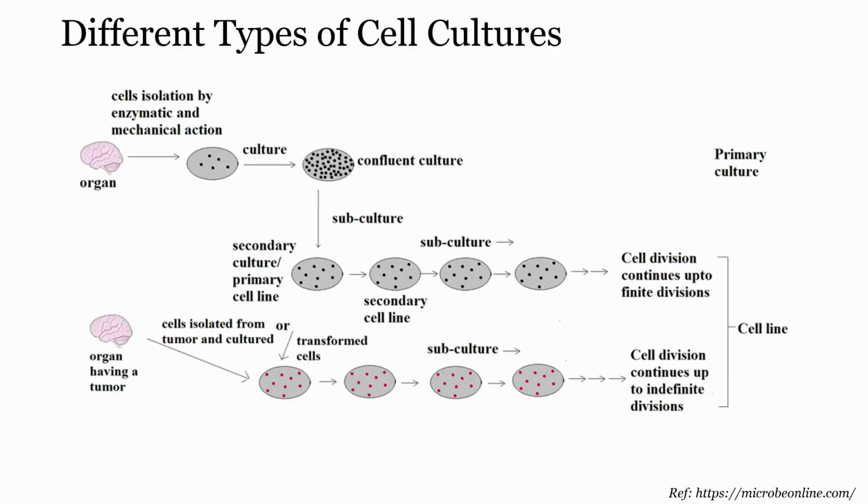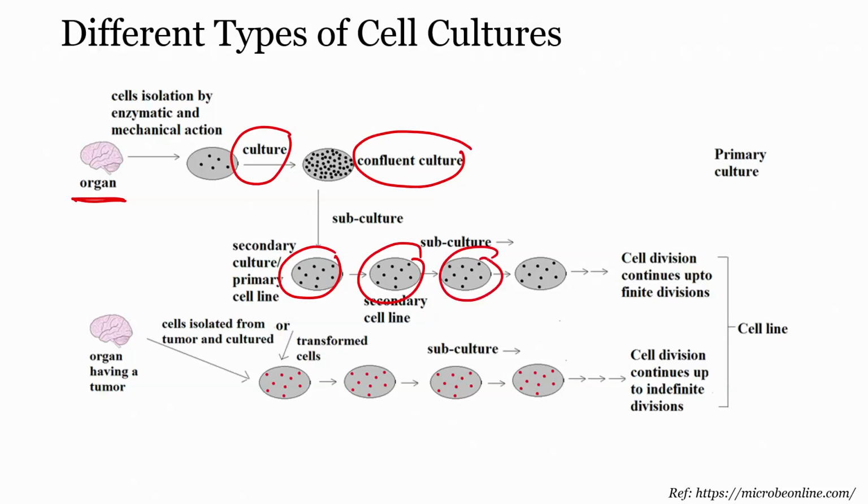You see here, first one, organ. Cells are isolated by enzymatic or mechanical action, cultured, and a confluent culture is ready. Once the confluent culture is ready, the secondary culture or secondary line is formed, a subculture, and we go on doing it. Cell division continues up to finite divisions.